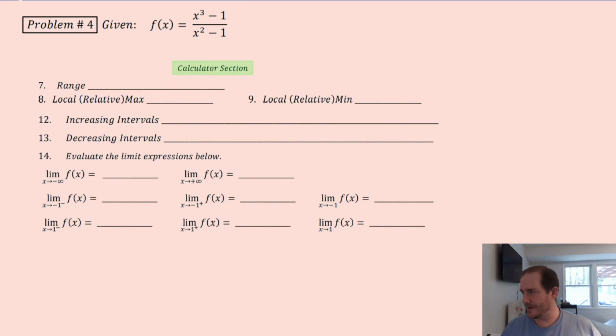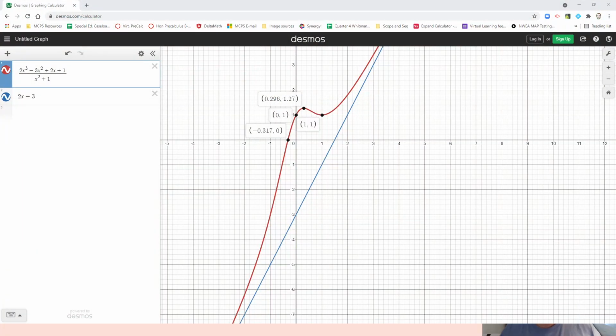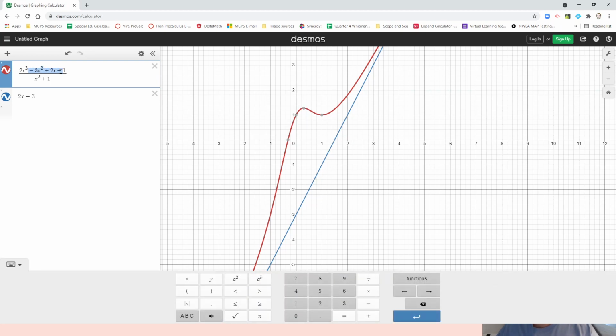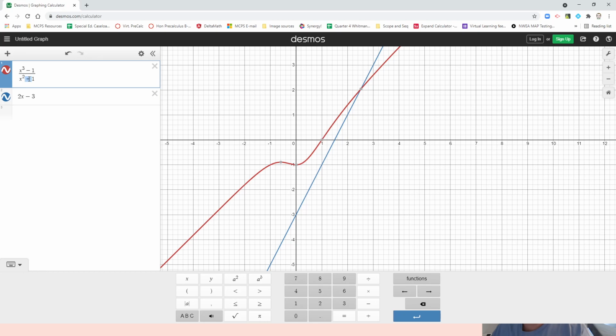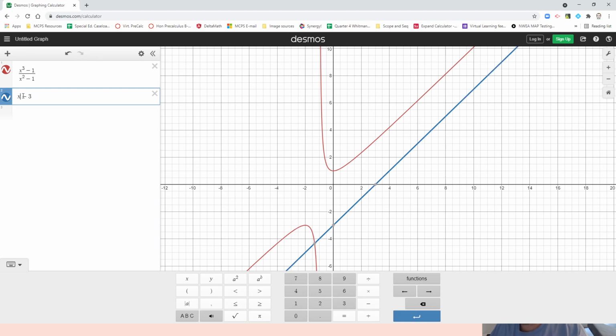So again, we'll go to the calculator. So cubed, squared, minus, minus. Alright. So there's your numerator. There's your denominator. There's our function. Our slant asymptote is just x.